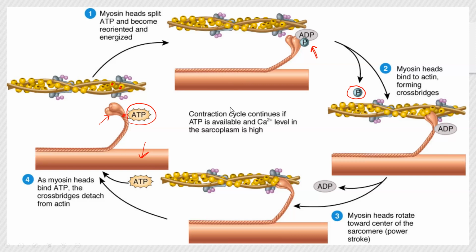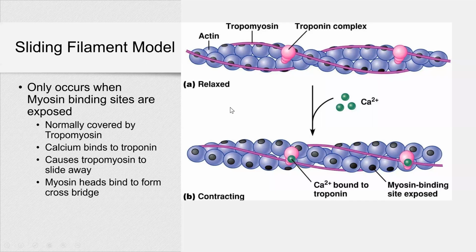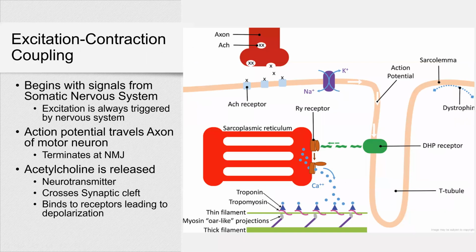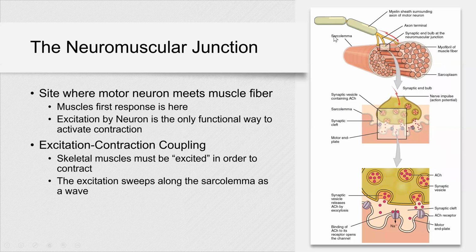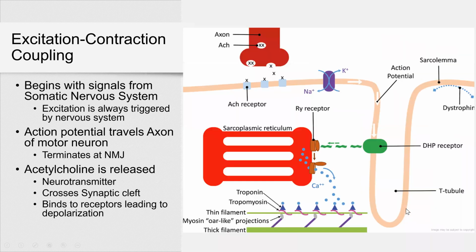Right, so let's repeat one more time. So making sense of all this craziness over here. So we have excitation, we have an electrical signal traveling along the neuron, reaches the axon terminal, causes synaptic vesicles to fuse with the neurolemma, with the membrane of the neuron, release acetylcholine into the synaptic cleft, right?